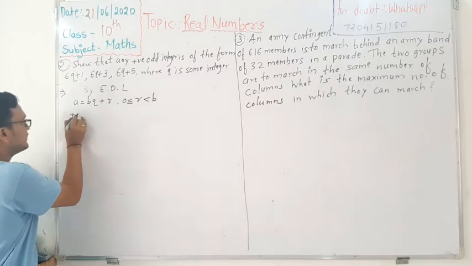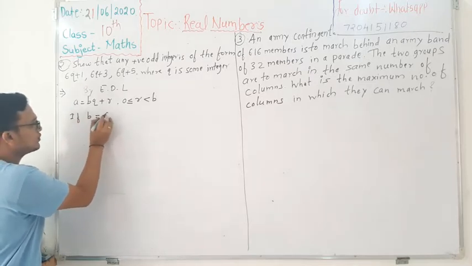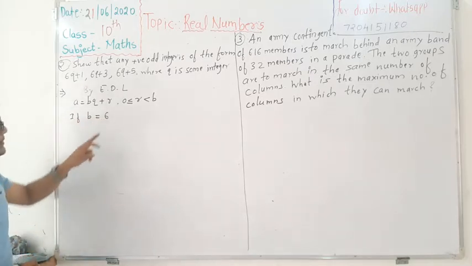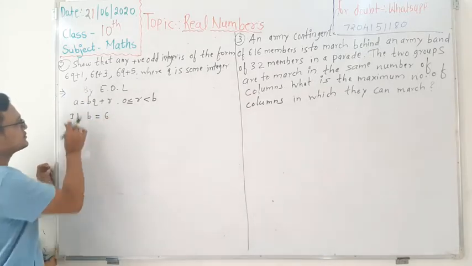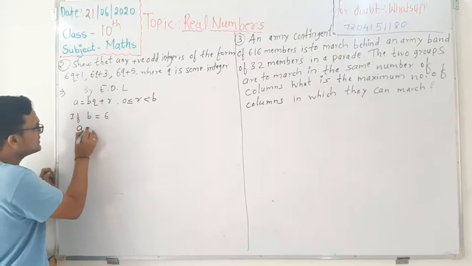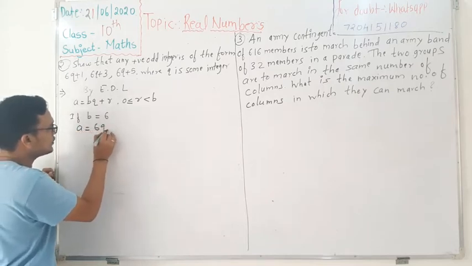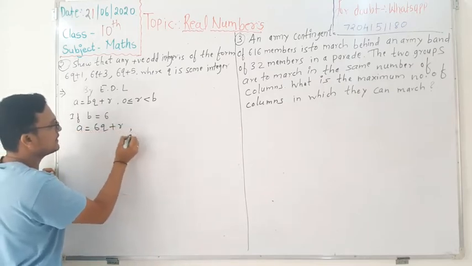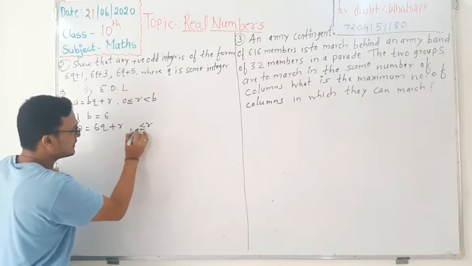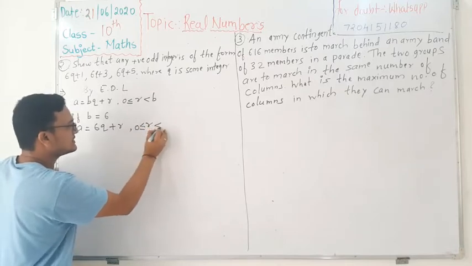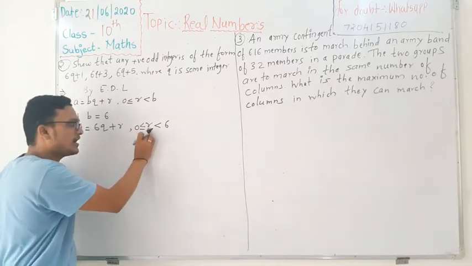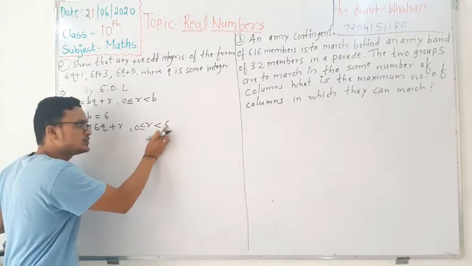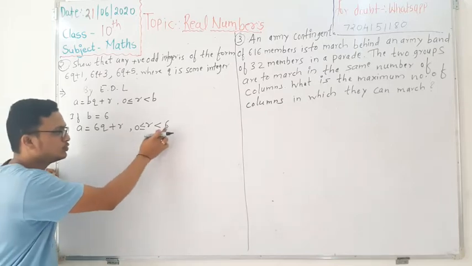So I will take B is equals to 6. If B is equals to 6, then what is the statement? So this statement becomes A is equals to 6q plus R, where this R is greater than or equal to 0 and less than 6. Means now this R lies between 0 to 6.